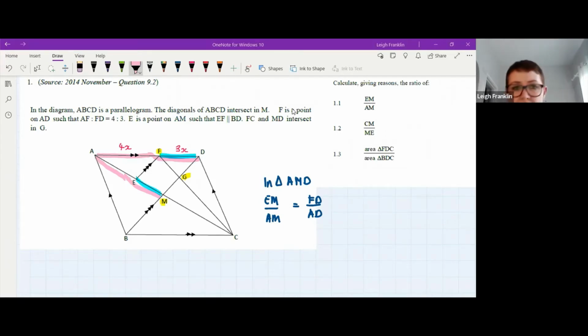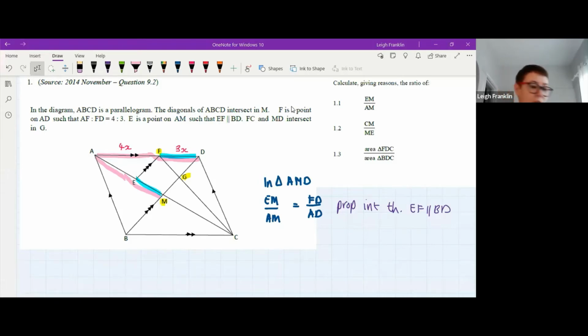And our reason for that is because of? Proportionality theorem. Good. And what must we not forget to name? The parallel lines. The parallel lines, quite right. So in this case, it's because EF is parallel to MD, or we could have said BD, it wouldn't have mattered, it's the same thing.